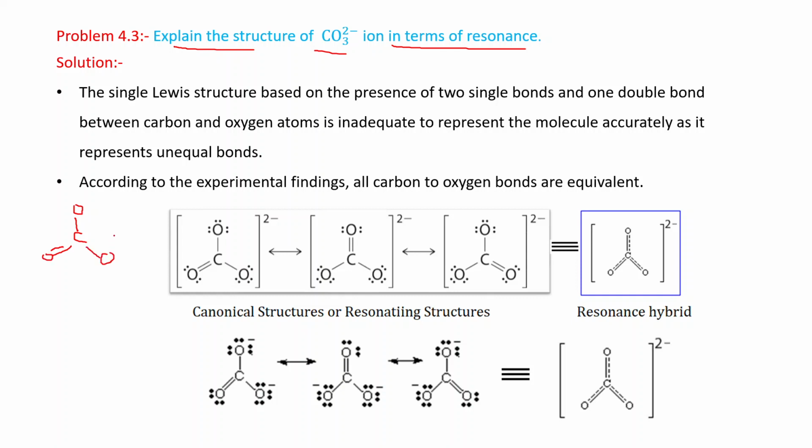This single Lewis structure has two single bonds and one double bond between carbon and oxygen atoms. It is inadequate to represent the molecule accurately, as it represents unequal bonds: two single bonds and one double bond.